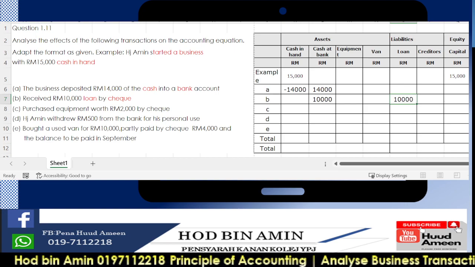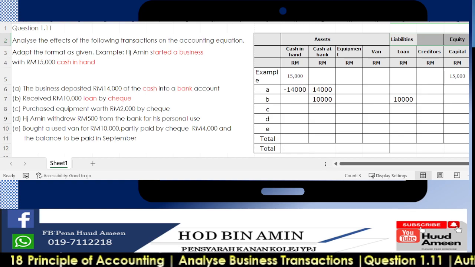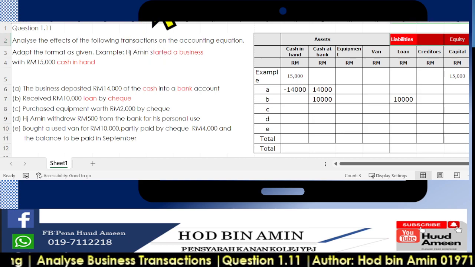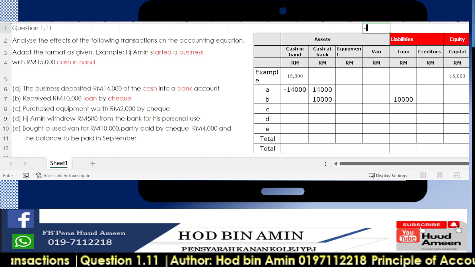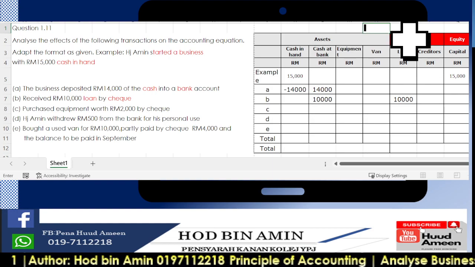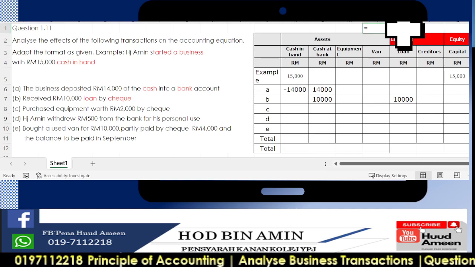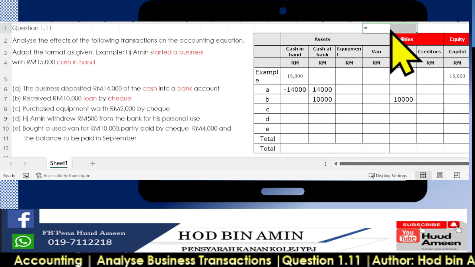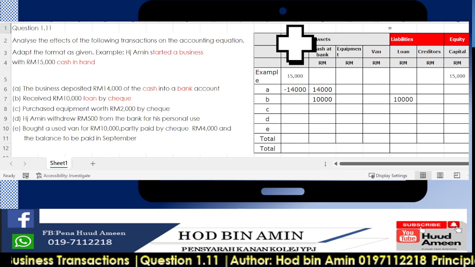Then make sure. So for example, I will change the color, right? Asset is equal to liabilities and equities.